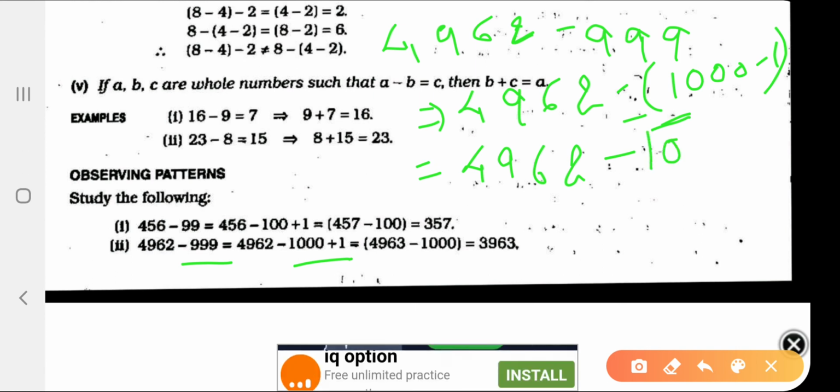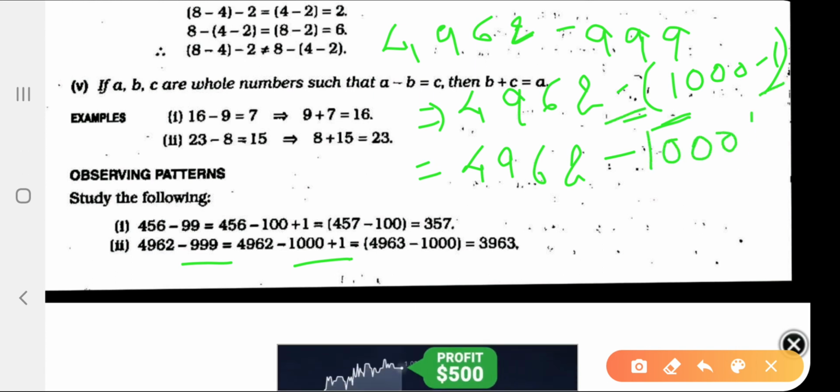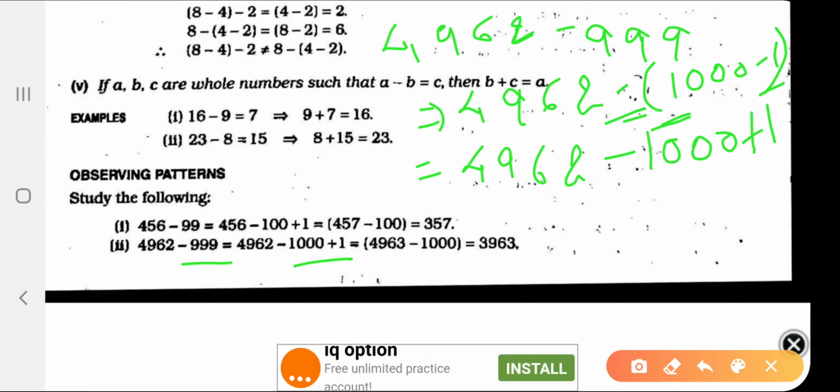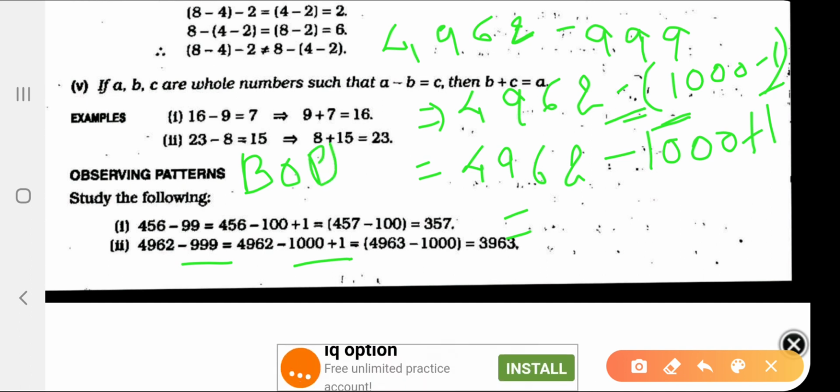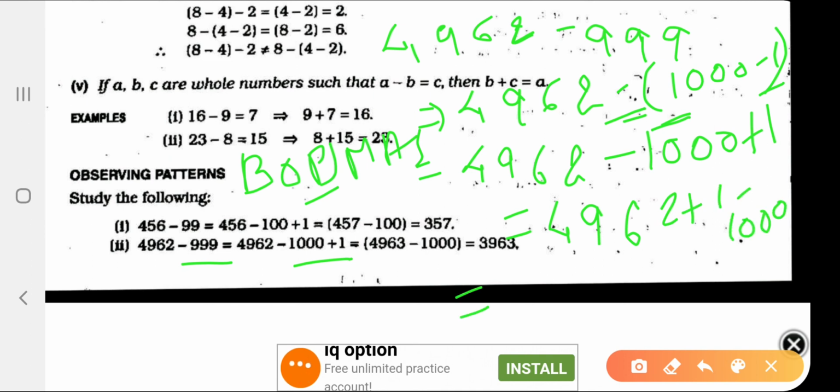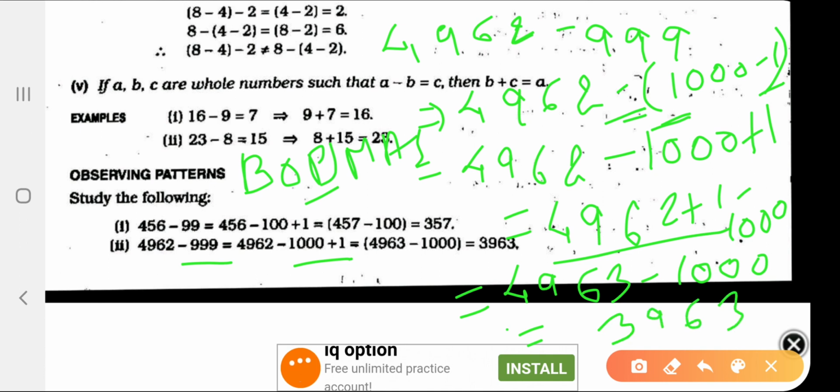So minus 1000, and this minus becomes plus, so plus 1 here. Now remember, according to the BODMAS rule, this is A before S, don't be confused with this. 4962 plus 1 minus 1000. So the 1 will be added: 4963 minus 1000. Now this would be 3963.